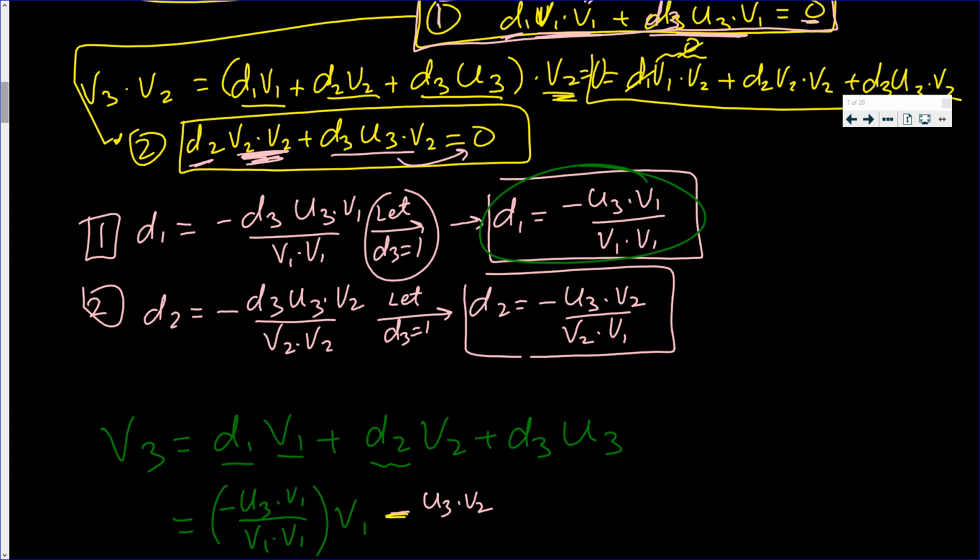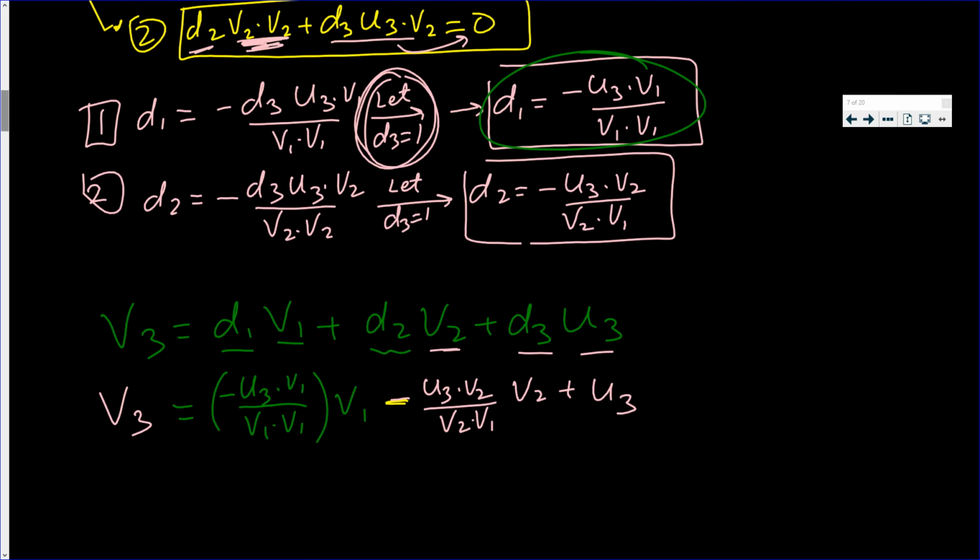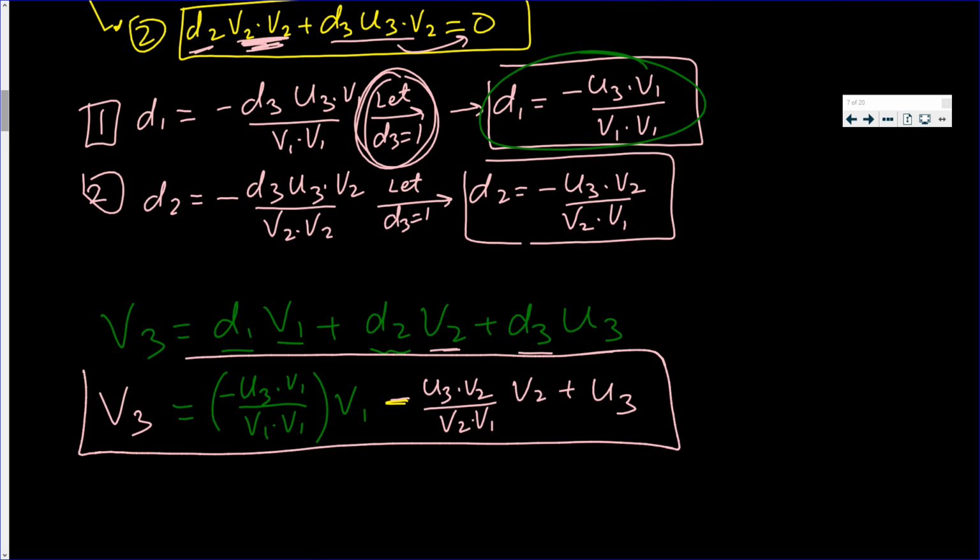D2 times V2 plus D3, which we said was 1, times U sub 3. So here it is. That is V sub 3. And you know what? It's orthogonal to V1. It's orthogonal to V2.